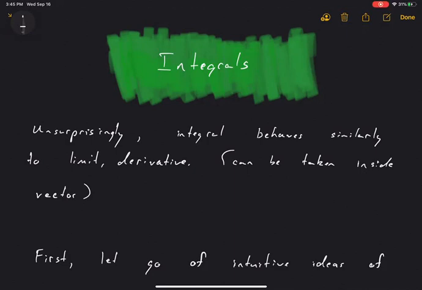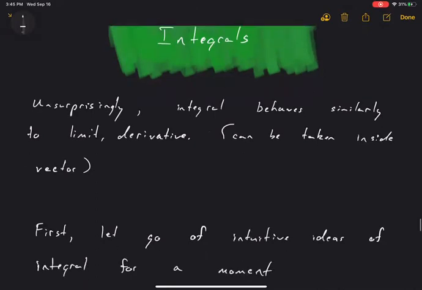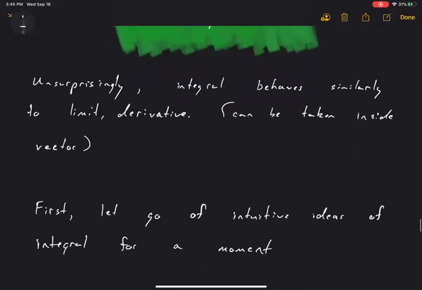That's really where calculus comes from. We saw that with limits and derivatives, which are just another kind of limit, we can take that limit inside the vector for vector valued functions. Well, it turns out we can do the same thing with integration. Remember, the integral is just a limit as well.